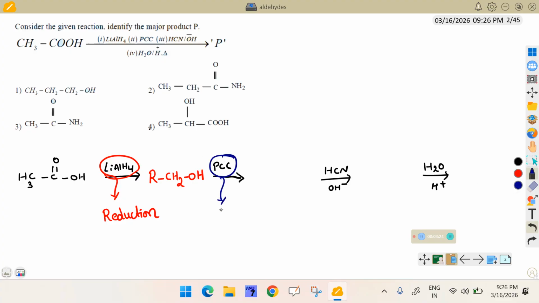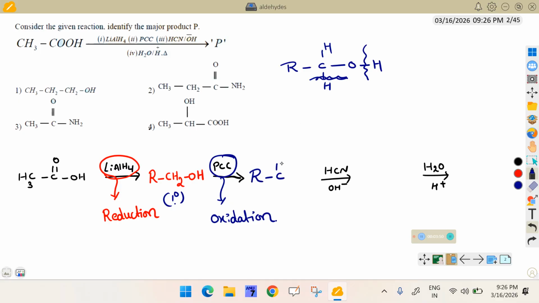PCC is present, so an oxidation process takes place. This is a 1 degree alcohol. Here PCC is present, oxidation takes place, cleaving the bond between oxygen and hydrogen, and carbon and hydrogen. Then it gives aldehyde, RCHO.